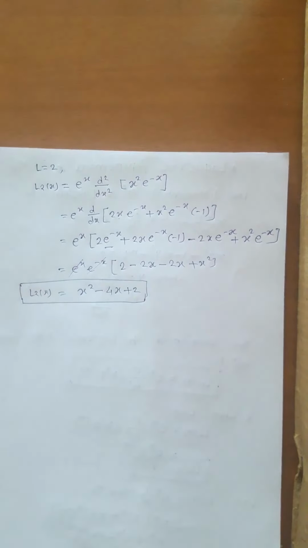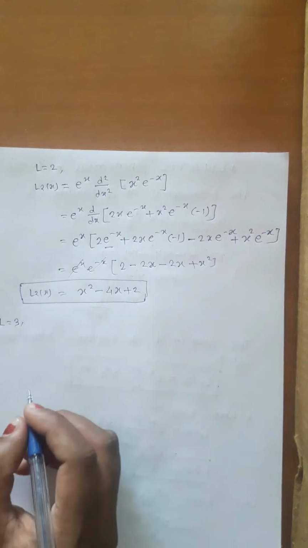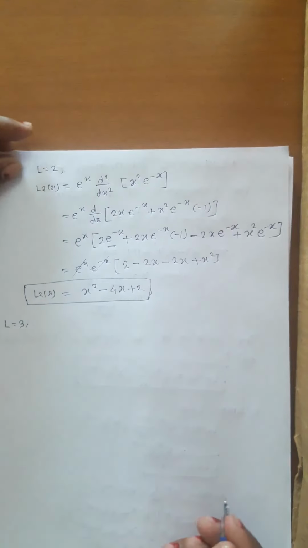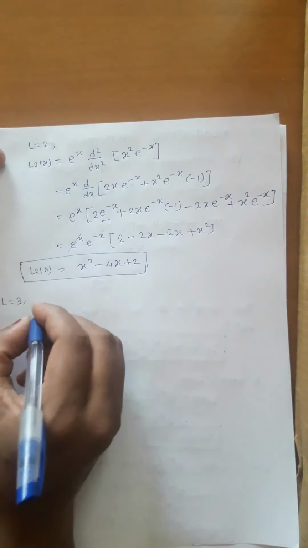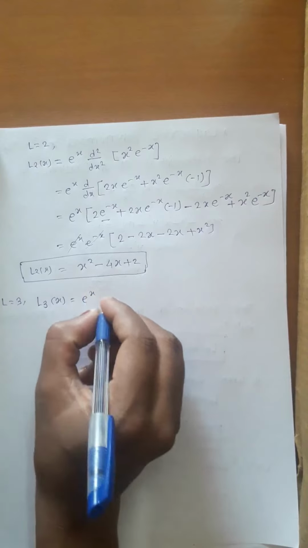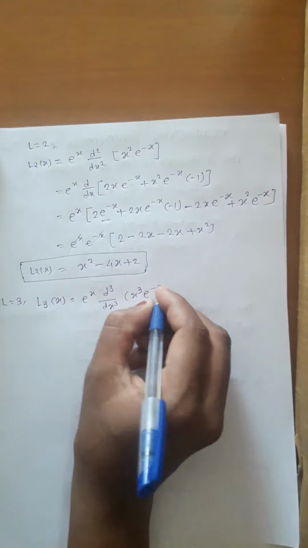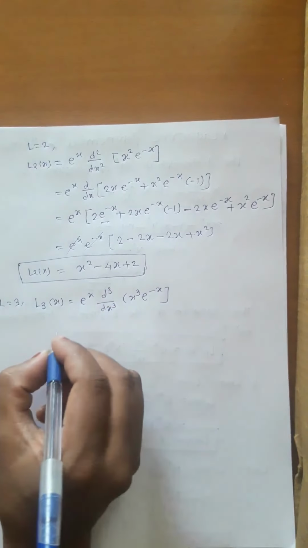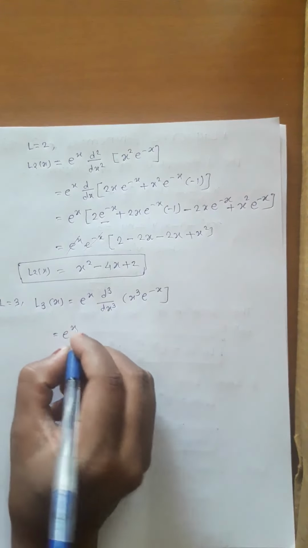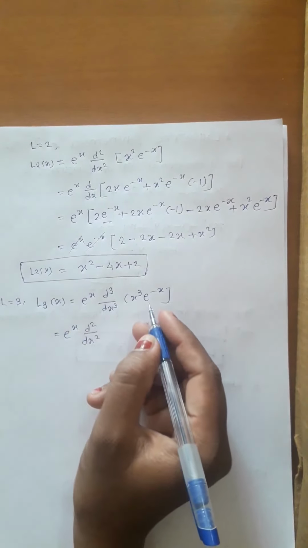Then when the value of n is equal to 3, L3 of x is equal to e raised to x into d cube by dx cube of x cube into e raised to minus x, that is e raised to x into d square by dx square of the derivative of x cube into e raised to minus x.